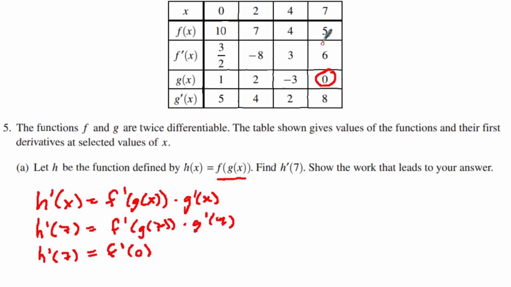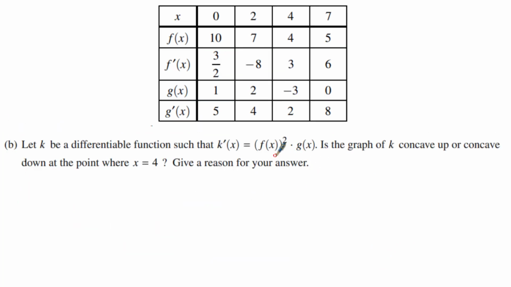And g prime of 7, I take a look, is equal to 8. So times 8. And then f prime of 0 is equal to 3 halves. So I have 3 halves times 8, which gives me 24 over 2, or 12. So h prime of 7 is equal to 12.